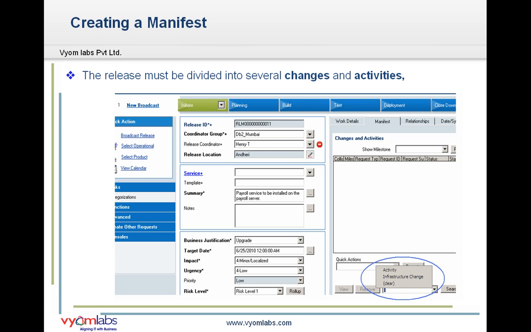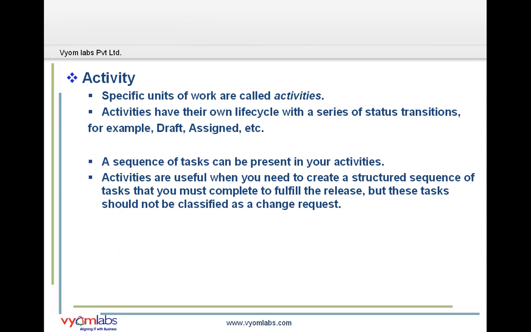We all are familiar with the change request, but there is also involvement of activities in a manifest. Again, the specific units of work are called activities. Activities again have their own life cycle with a series of status transitions, for example, draft, assigned, and so on.